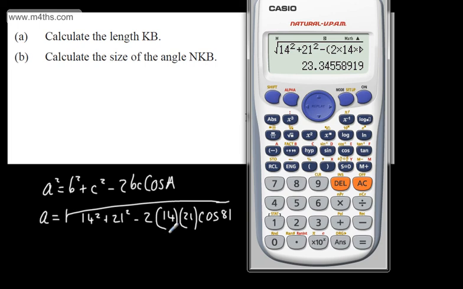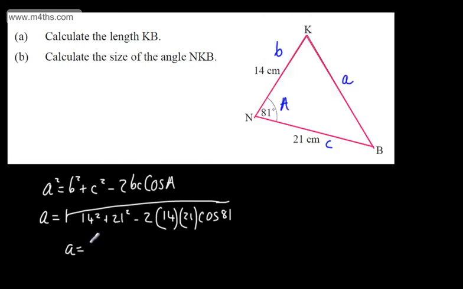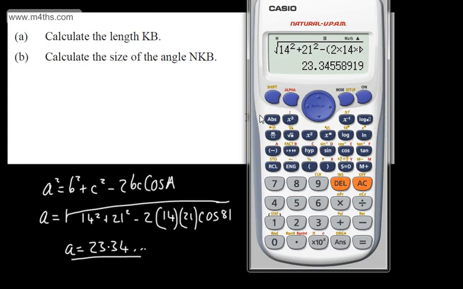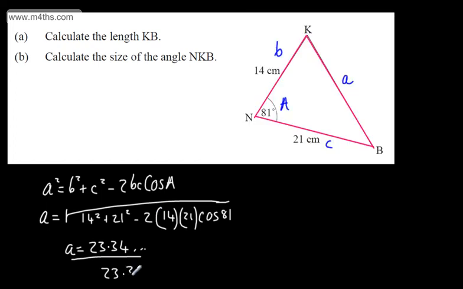So that gives me 23.34, so let's put this in here. a is going to be equal to 23.34 dot dot dot. If we want to give this now to 1 decimal place, we can say 23.3 centimeters, and that is to 1 dp. That seems reasonable given the dimensions that we've got.